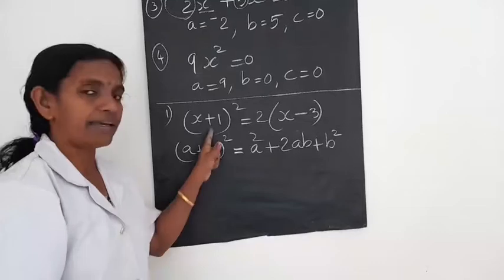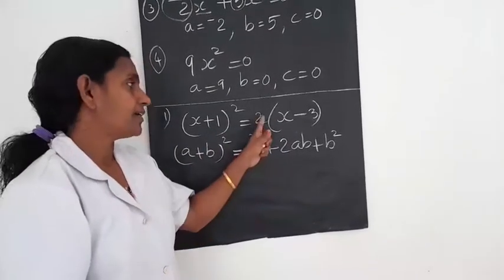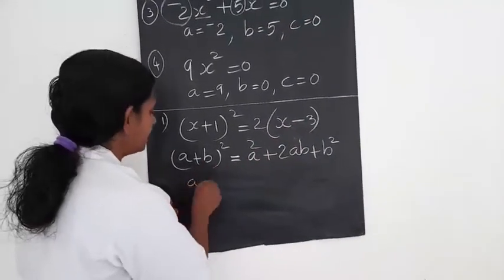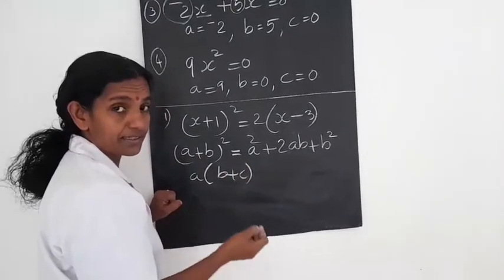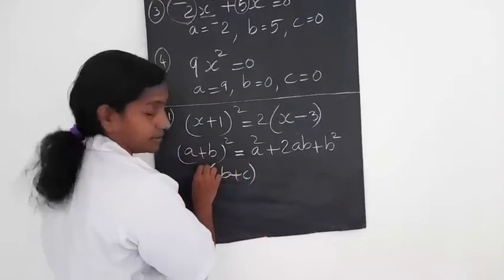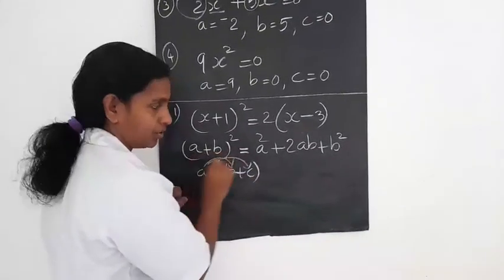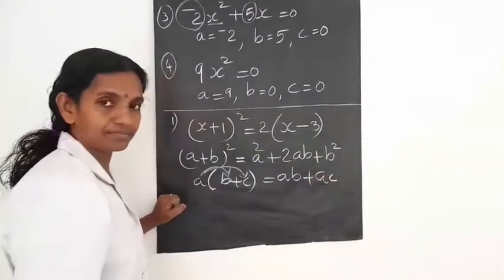This identity you are applying on the left side. And for the RHS, right side, here it is 2 into x minus 3. So for that the identity you can apply is a into b plus c. You remember, it is already studied. a into b plus a into c. So it is ab plus ac.